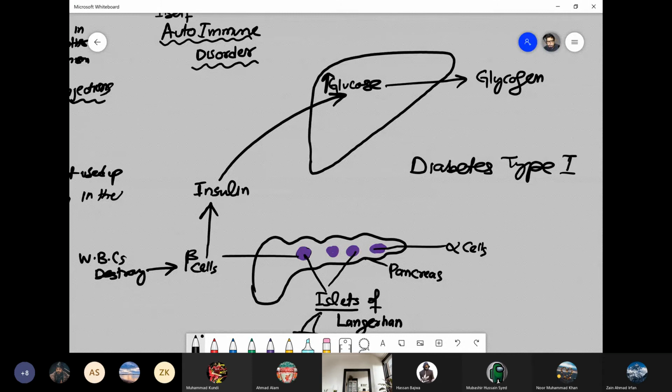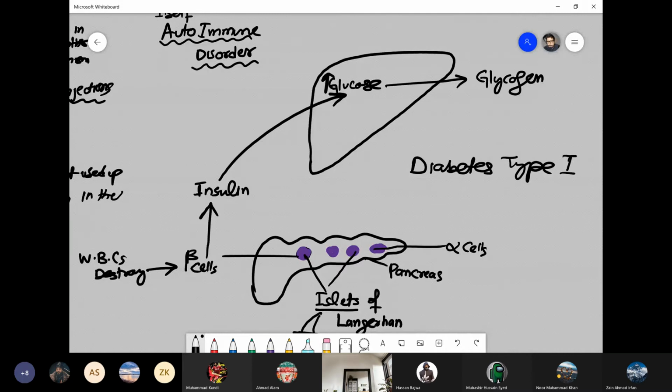That usually happens to people who are above the age of 40. But this autoimmune disorder, type 1 diabetes, can happen to a 6-month-old baby as well. It can happen from a 6-month-old baby up till the age of 25 to 26.